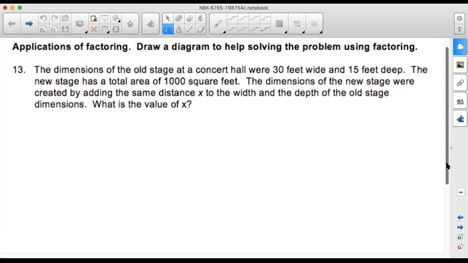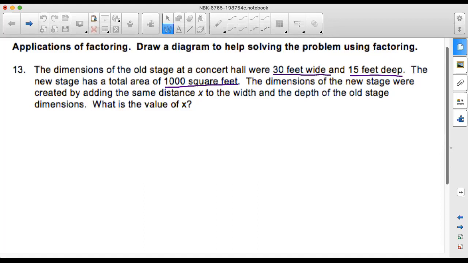So it says the dimensions of the old stage at a concert hall were 30 feet wide and 15 feet deep. The new stage has a total area of 1,000 square feet. The dimensions of the new stage were created by adding the same distance x to the width and the depth of the old stage dimensions. What is the value of x? So we know the original stage is this 30 by 15.